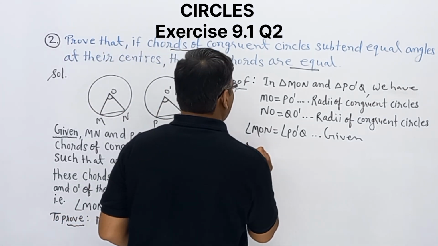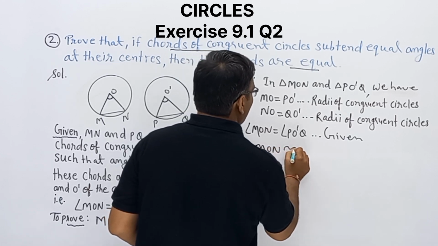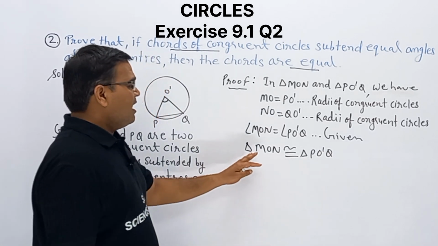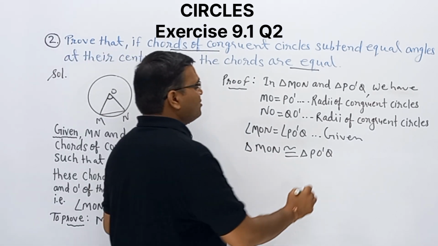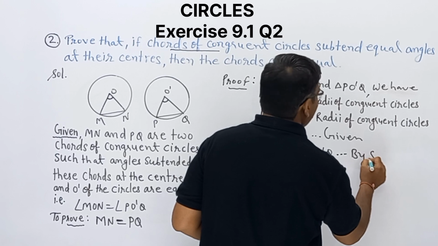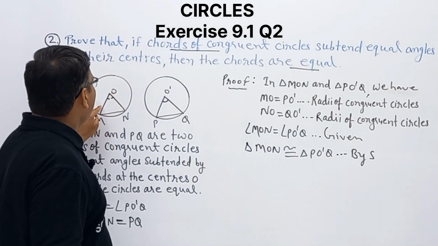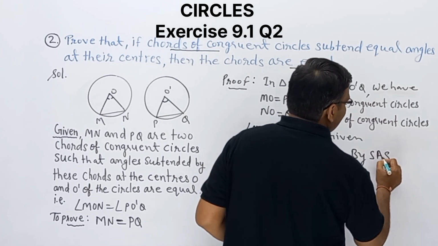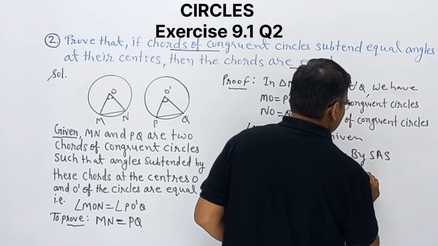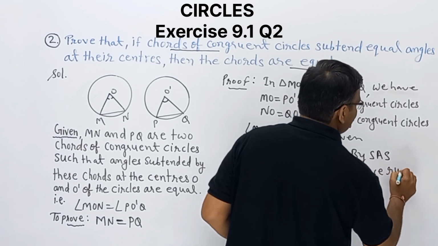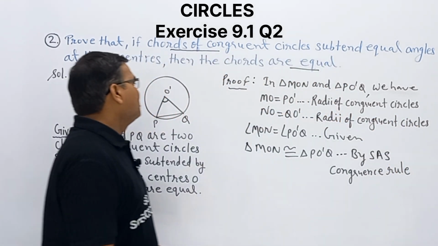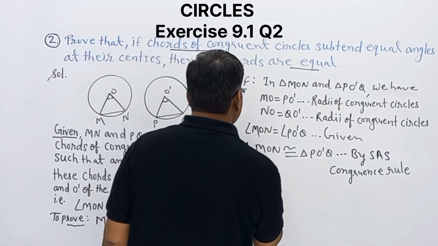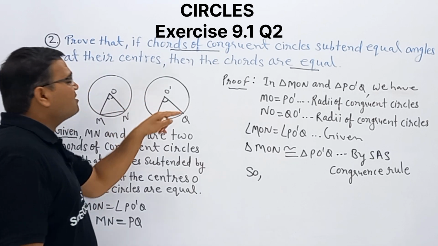So triangle MON is congruent to triangle PO'Q by the side angle side (SAS) congruence rule. We proved these two triangles are congruent.